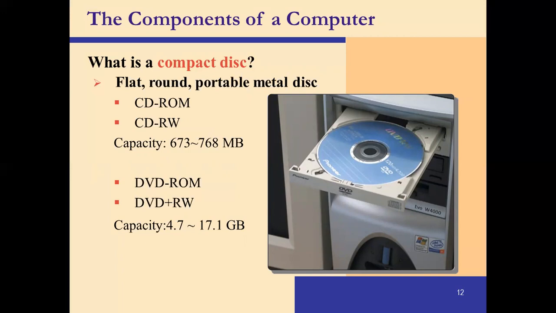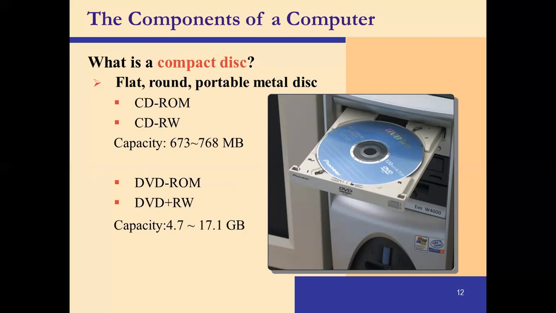Yes, a CD writer is used to copy data onto the CD, whereas a CD-ROM just reads the data inside the CD and gives you output on your screen. Its capacity is about 673 to 678 MBs. This is the capacity of the CDs that we used previously. Now CDs are just obsolete.